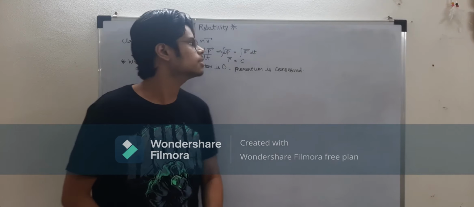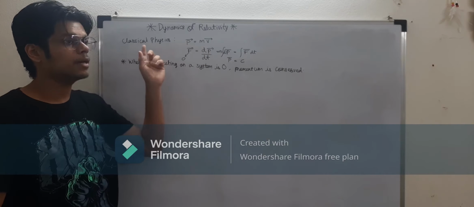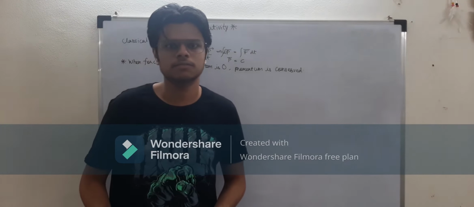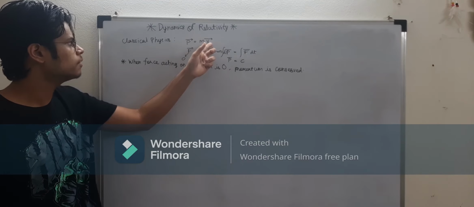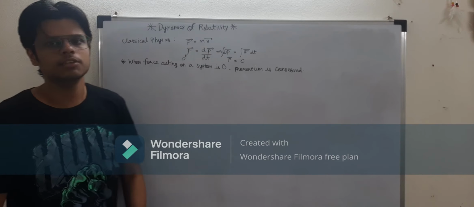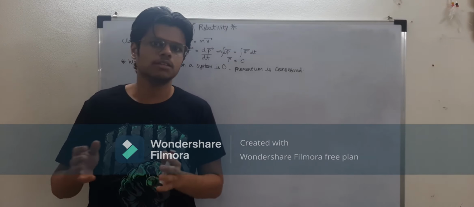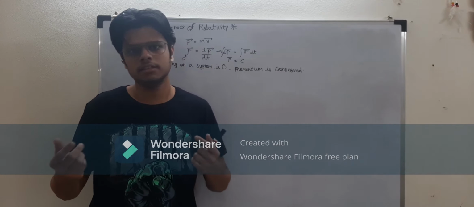But if momentum is conserved, that means the velocity should not change, because mass, as stated by classical physics, is a constant quantity. No body can change its mass according to classical physics. Yet I am saying that momentum should remain conserved, because every law of physics holds in an inertial frame, even a rest frame.